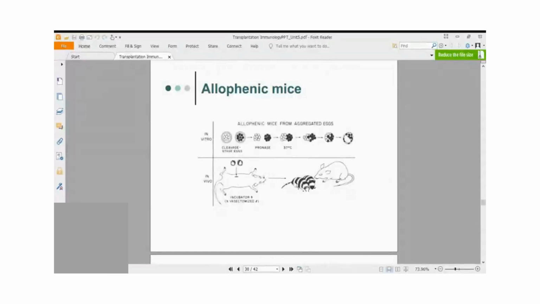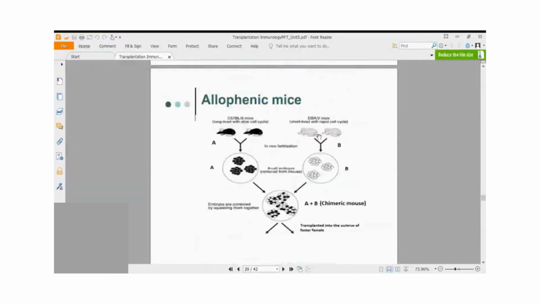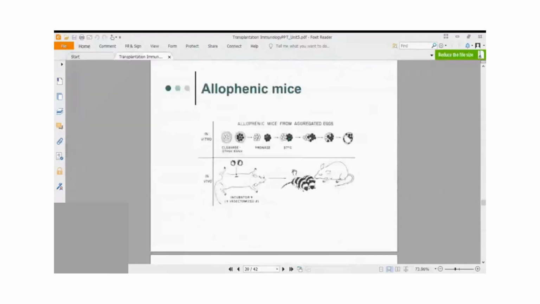Here it is a mosaic of A and B strain mouse. Remember that. There is no question of dominant and recessive expression. If it was a hybrid, then A being the black color would have suppressed the expression of B, and the entire mouse in the F1 generation would have been black.